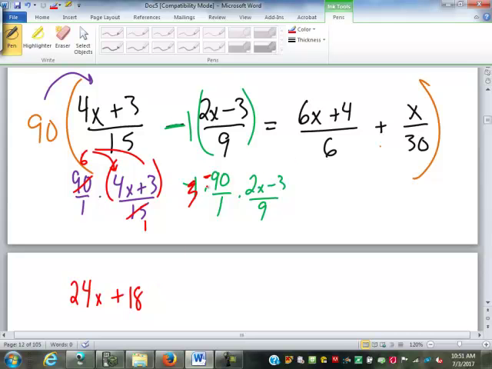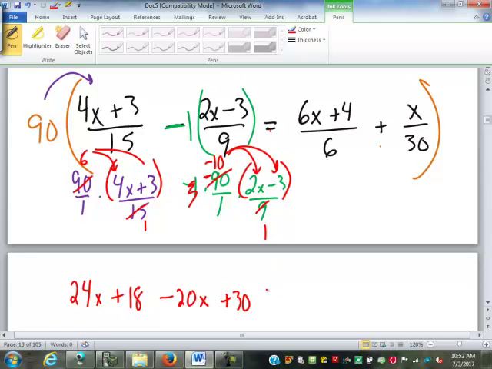So now I can cross cancel. Negative 90 and 9 both divide by 9 to give me 1 and a negative 10. So that's negative 10 times 2x minus 3. Negative 10 times 2x is a negative 20x. Negative 10 times negative 3 is a positive 30.